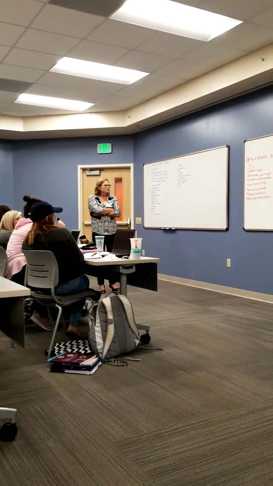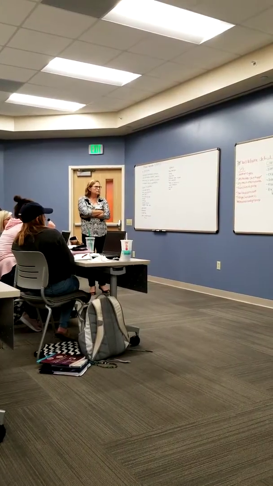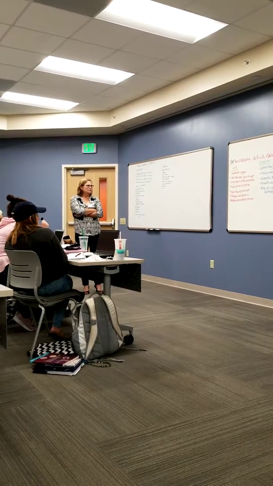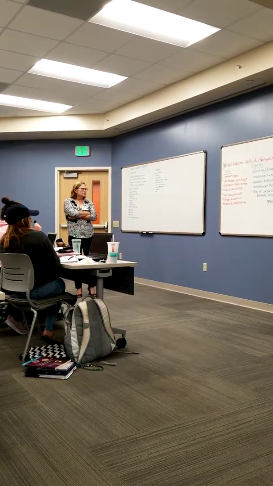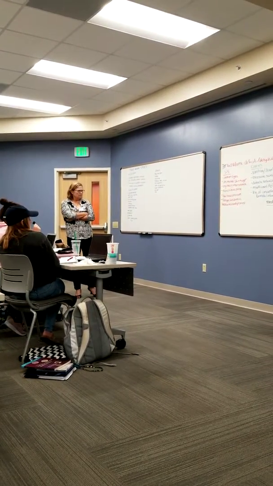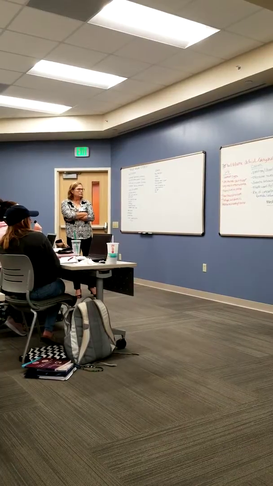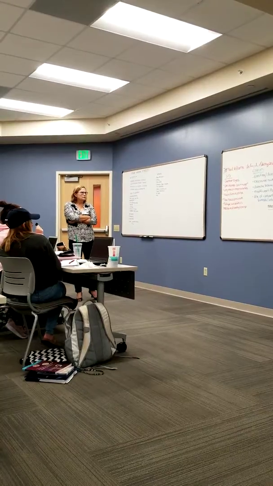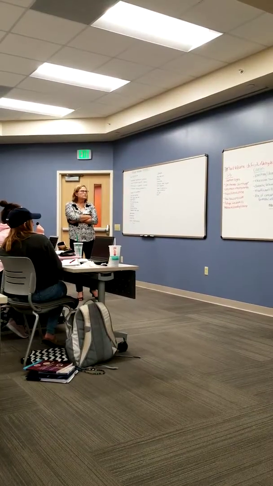Signs and symptoms are sunken eyes, decreased skin turgor, dry mucous membranes, rapid and weak pulse, low blood pressure, fatigue or weakness, and increased body temperature. Your lab values, your hematocrit will increase, your electrolytes will increase, and your urine output will decrease.